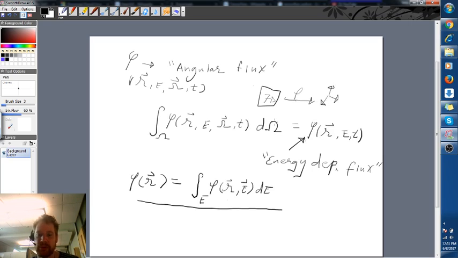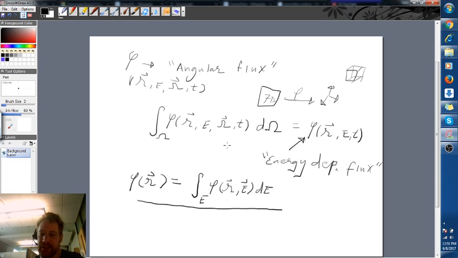So what we're saying is if we take a cubic volume in our three-dimensional space, and we fill this up using our phi function here with neutrons, we're filling it up with everything in the omega, so all values of omega.